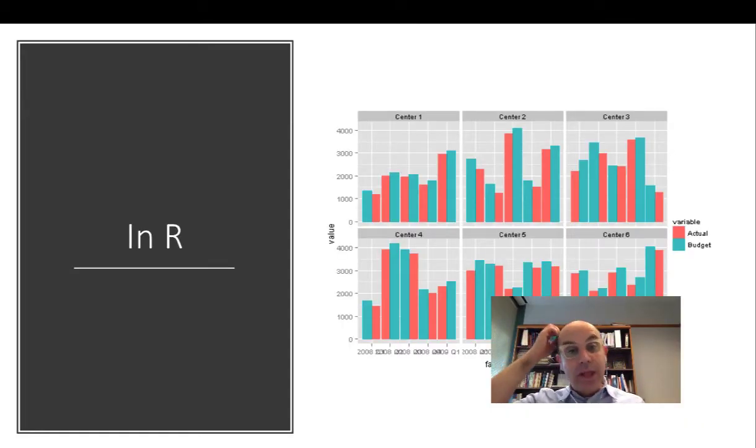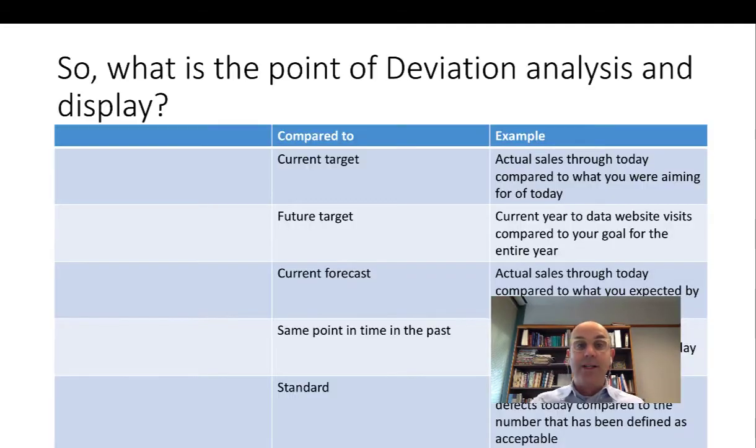In R, we can do that too, and I'll teach you very soon about R. From now on, you're going to start reading the second textbook, and we're going to apply principles in R into visualization. But I want to summarize the idea of the deviation analysis and display.